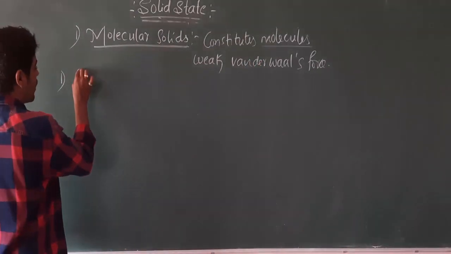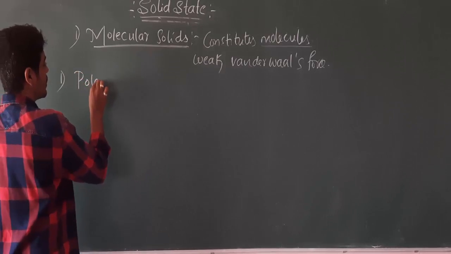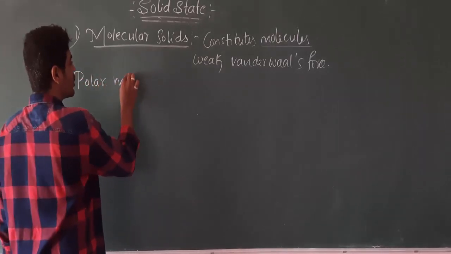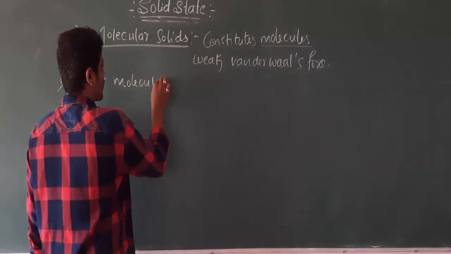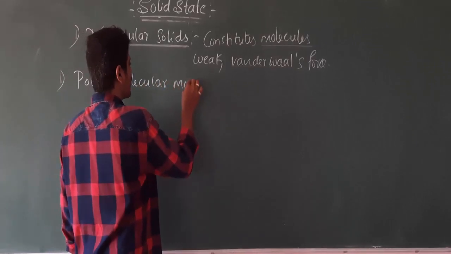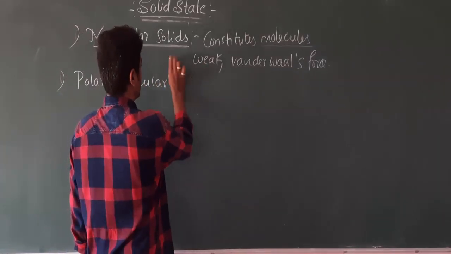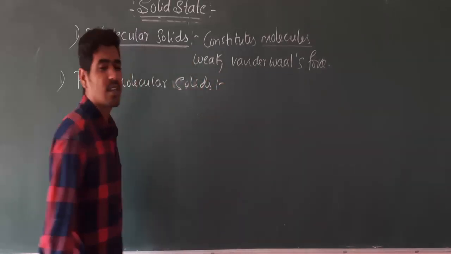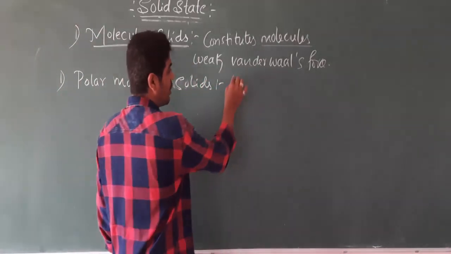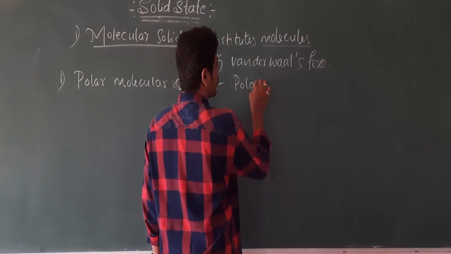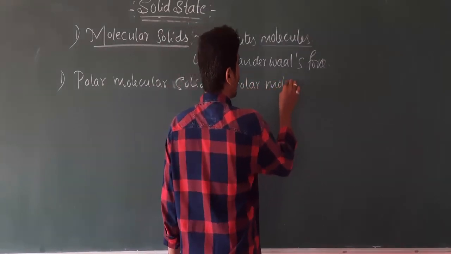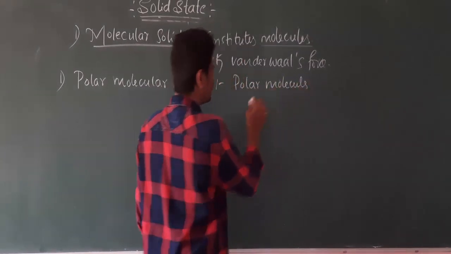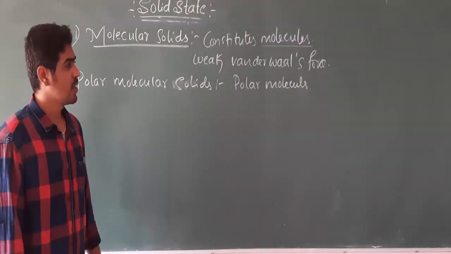The first type of molecular solids is polar molecular solids. So polar molecular solids constitute the polar molecules. The constituent particles in the polar molecular solids are polar molecules.